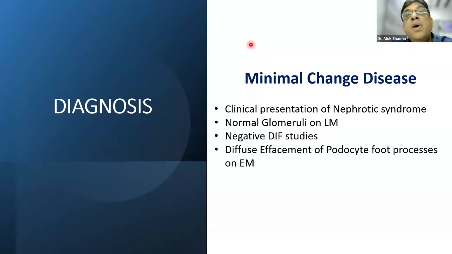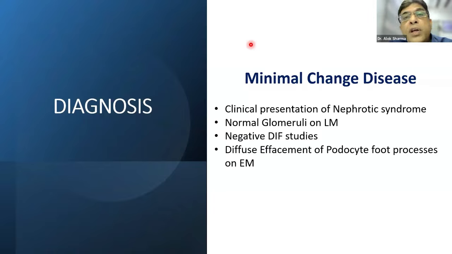Those are the cases where they will either look like a minimal change disease or look like an FSGS. But since the etiology is a genetic defect, the response to steroids will not be there. So that is, if you want to call it, a pathologic basis for steroid resistance. Second part of it, if you look at it on a case-to-case basis, a good number of cases of FSGS are steroid resistant.